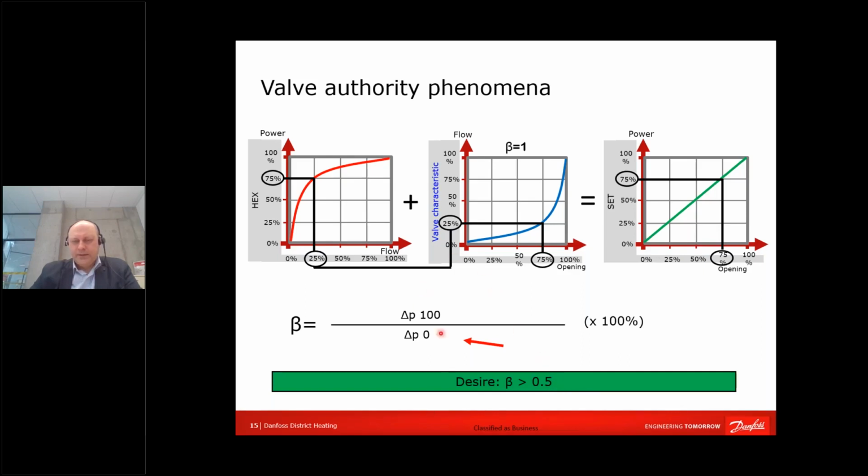It means that if differential pressure across the valve is 50, it is desirable that differential pressure which might be present across the valve should not be more than twice larger than, for example, 50 kilopascals or 0.5 bar. So here we should expect something not larger than 100 kilopascals.